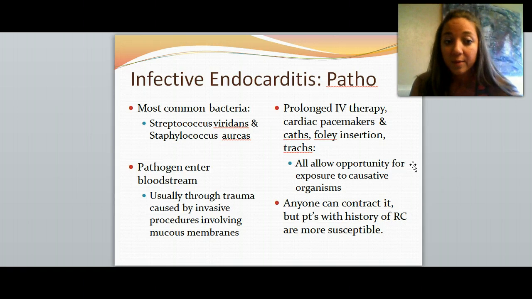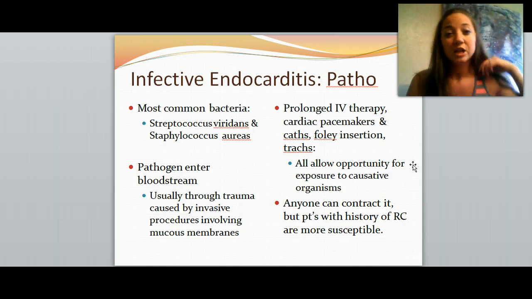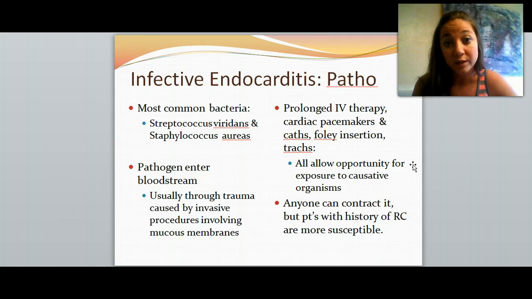All right. The pathogens enter the bloodstream, usually, by some kind of invasive procedure, whether it's been a surgery, IV drug use, a central line, or something that's been latent within the system for a while. And a lot of times it also involves procedures that involve your mucous membranes. So remember, with rheumatic carditis, we have learned to educate these patients that they need to take a prophylactic antibiotic every time they go get a procedure done of any kind, including dental work.